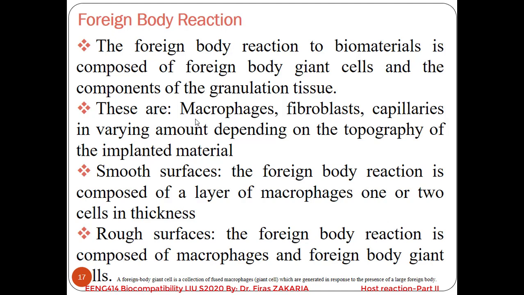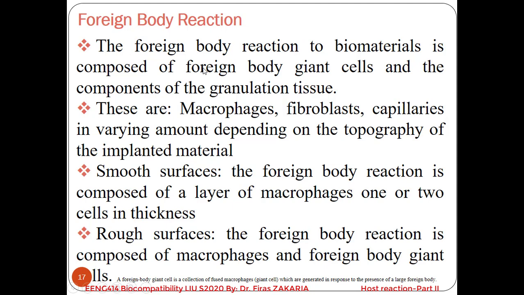Following the granulation tissue development comes the foreign body reaction to biomaterials. The foreign body reaction is composed of foreign body giant cells. Giant cells are the union of several distinct cells.